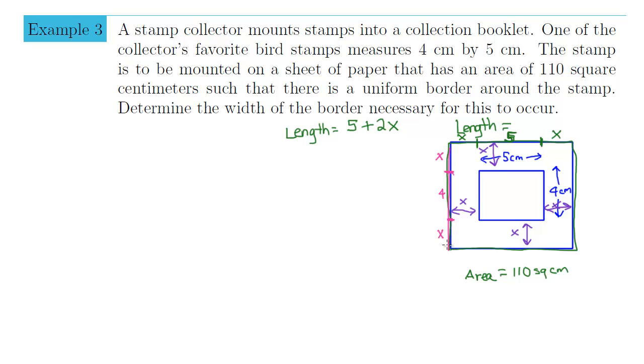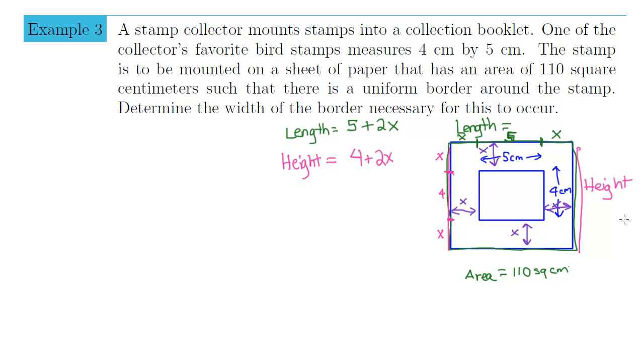So together, to get the entire height of this outer rectangle, we have x units plus 4 units plus x units. So the height of this particular rectangle is going to be x plus 4 plus x, or if we like, 4 plus 2x. And that's going to be the height side, right? So we have the height, and then we have the length.